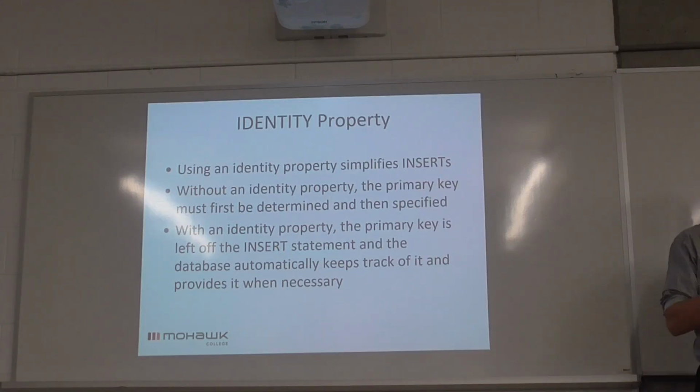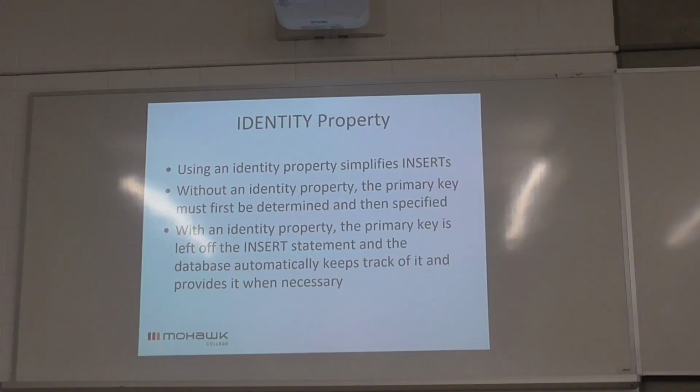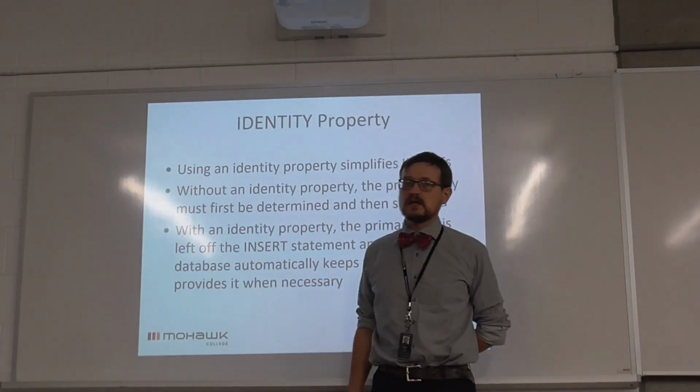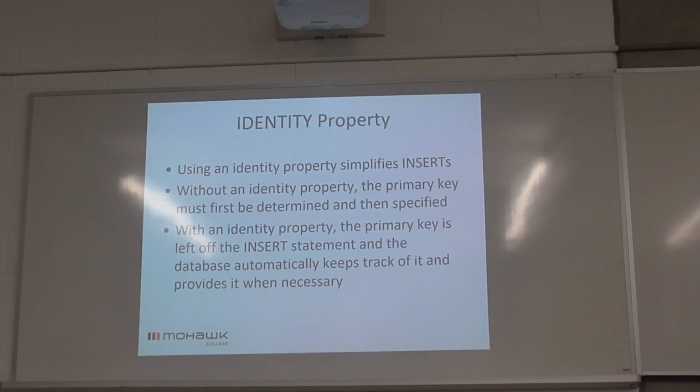As opposed to just having the database keep track of it itself. So when you have specified that an attribute is an identity, you do not include it when you insert things into the database. It will be automatically kept track of. Does that make sense? Good.